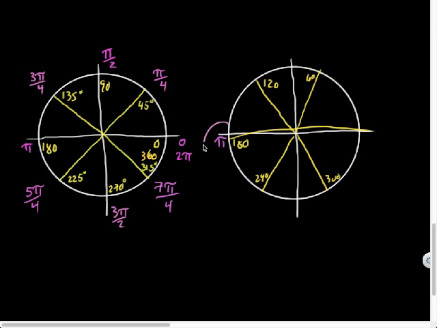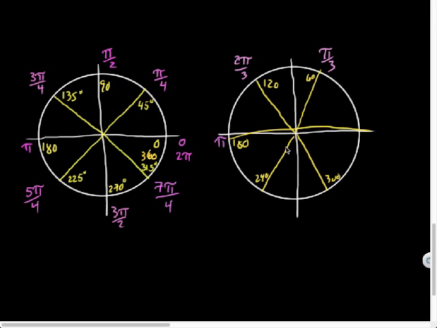Let's see. So if this is pi, if I divide pi into 3 slices, 60 degrees is going to be the same as pi over 3 radians. 120 degrees is going to be the same as 2 pi over 3 radians, right? 2 of those 1/3 slices. Pi landed on 3 pi over 3, which makes sense. 3 over 3 reduces to 1 full pi.